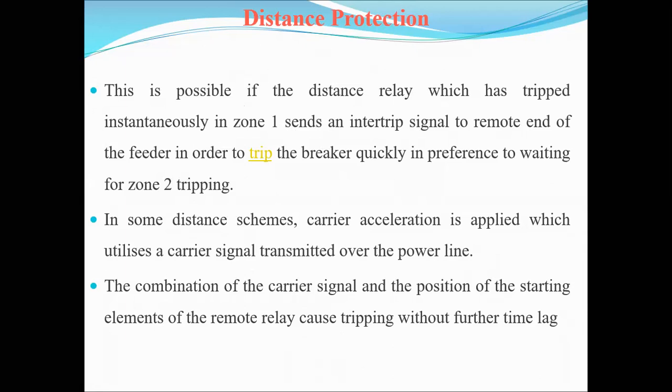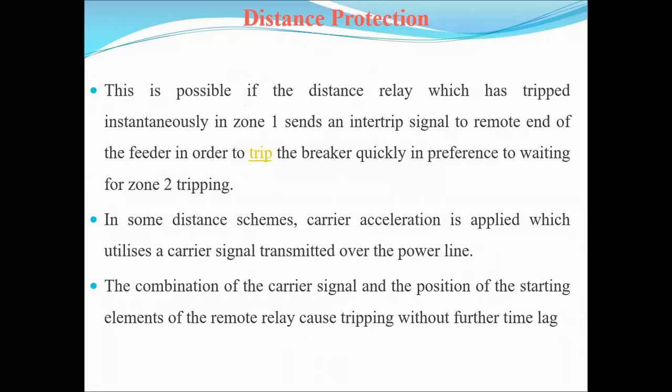Why? Because the circuit breaker does not operate, it waits for some time for giving the indication to the zone 2 tripping circuit. After that only that circuit breaker is operated.